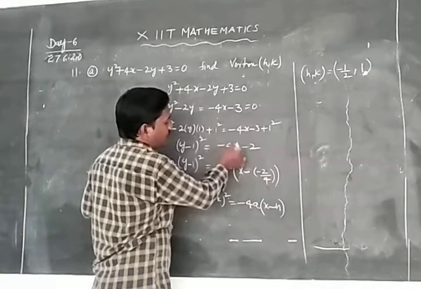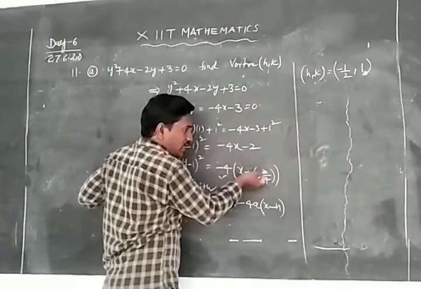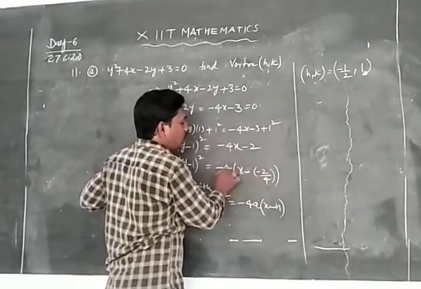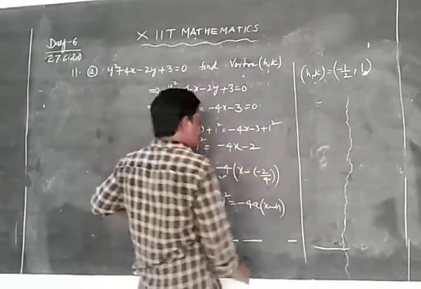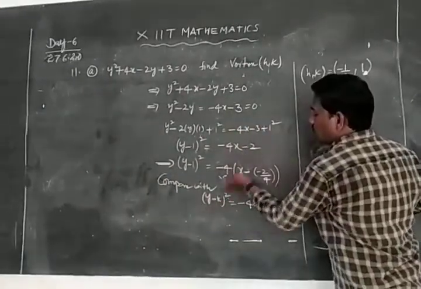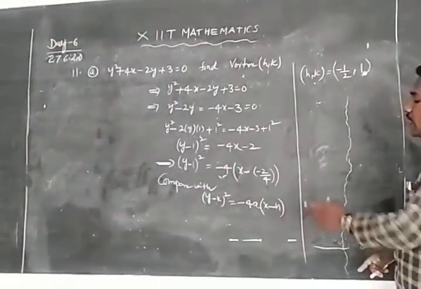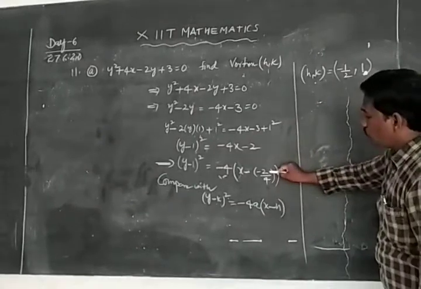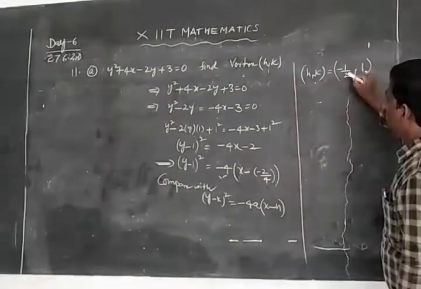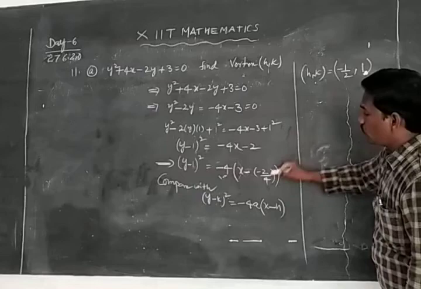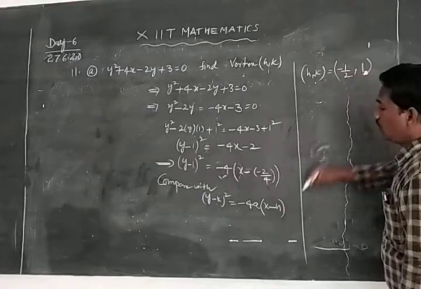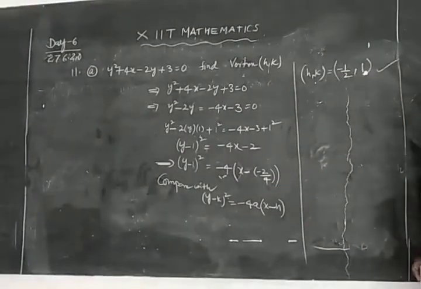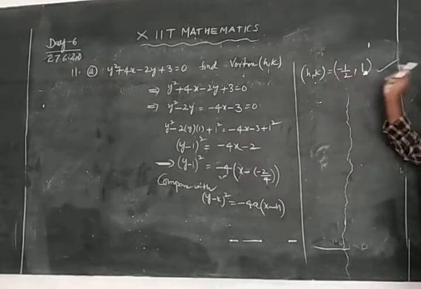Minus 4 into x, minus 4x; minus into minus plus, plus into minus minus; 4 into 2 by 4 means 2. So compare it: y minus k whole square equal to minus 4a into x minus h. H value is minus 2 by 4, that means minus 1 by 2. K value is 1. So vertex h comma k equal to minus 1 by 2 comma 1.